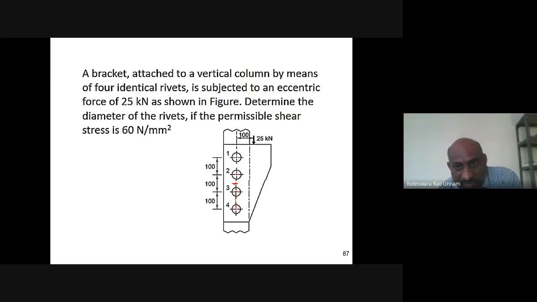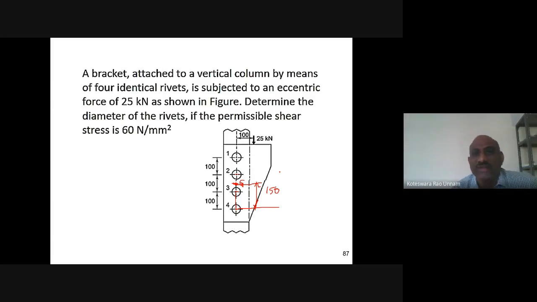So exactly at the center I get the G here. Okay, so I got the G value. So what is this distance? From this point this distance is going to be 150 mm. Okay, now I have identified the G value.